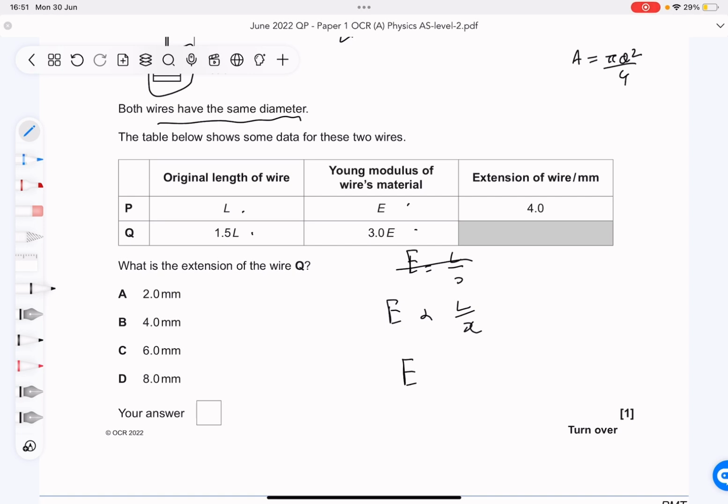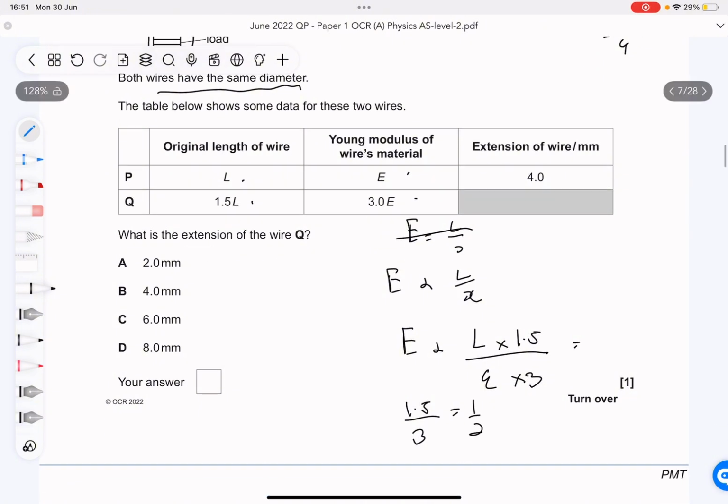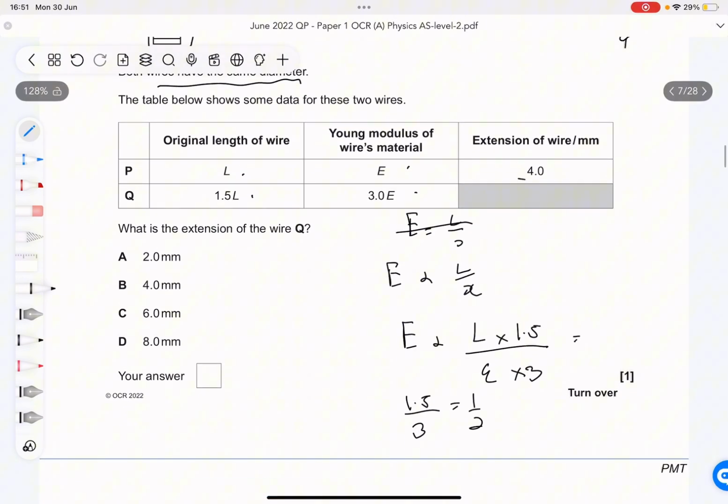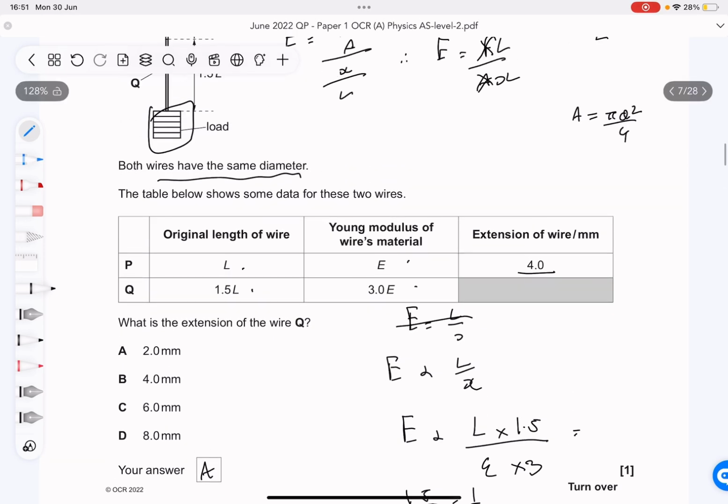So X is proportional to L times 1.5 over E times 3. And 1.5 over 3 on my calculator is a half. Therefore, it's going to be a half of the extension of P, and a half of 4 is 2. So the answer is A.